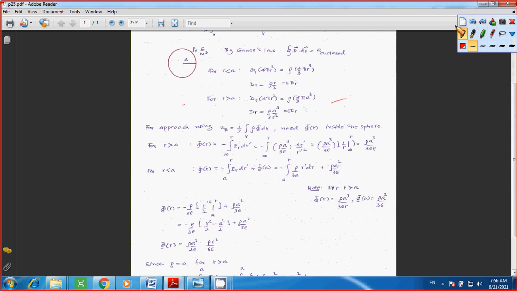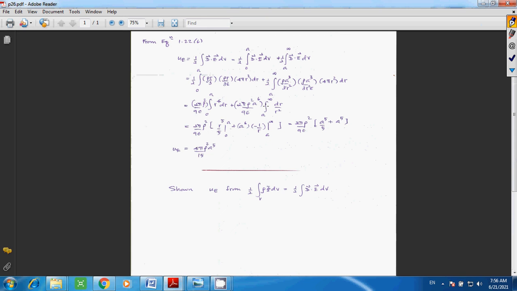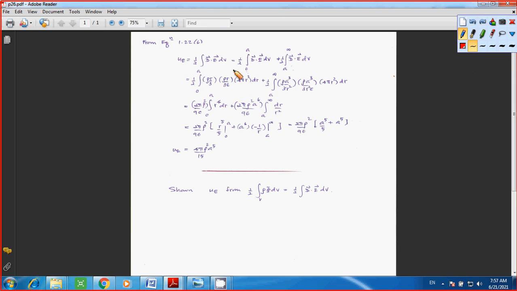Since we already have E for both cases, r less than a and r greater than a, and you also have your potential, you do the integration from 0 to a and a to infinity.